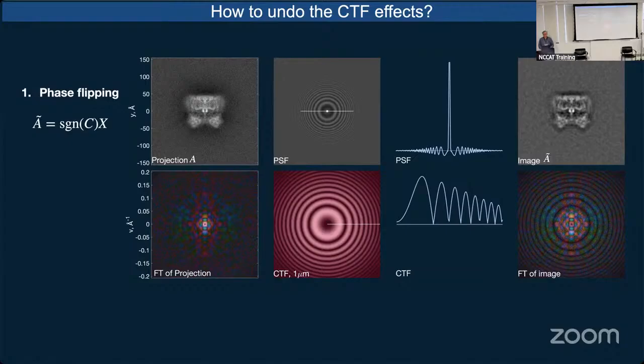There's a lot less dispersion, almost none. It's not perfect. It's not picking up the low frequency information quite as well, but it's not too bad. So this is called phase flipping, and this is actually something that you could do at the whole micrograph level if you wanted.